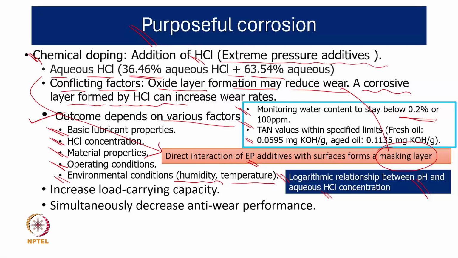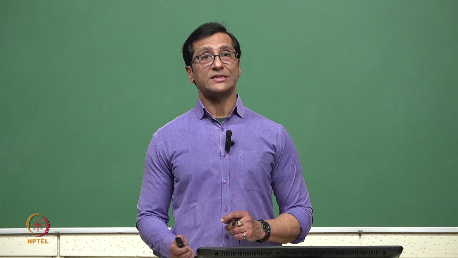Of course, as I mentioned, using this HCl percentage we could increase the load carrying capacity of the lubricant, but there was a problem that it doesn't work as an anti-wear. It increases the wear rate compared to without HCl.